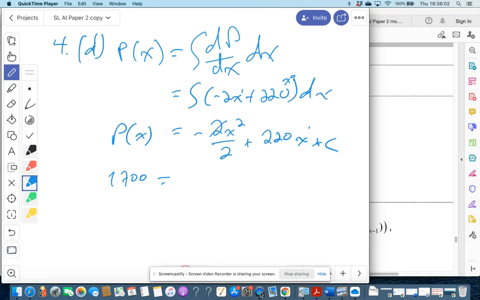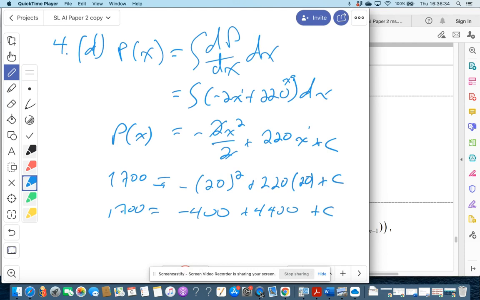So I'm going to simplify that: 1,700 equals negative 20 squared, which is negative 400, plus 220 times 20, which is 4,400, plus C. Doing the arithmetic, I get negative 2,300 for C.